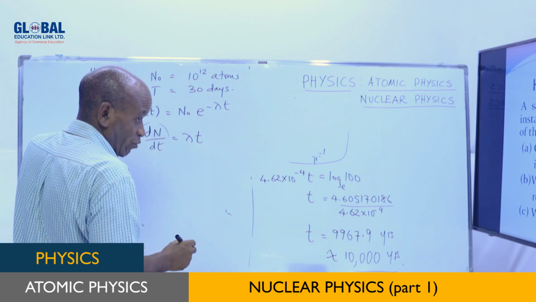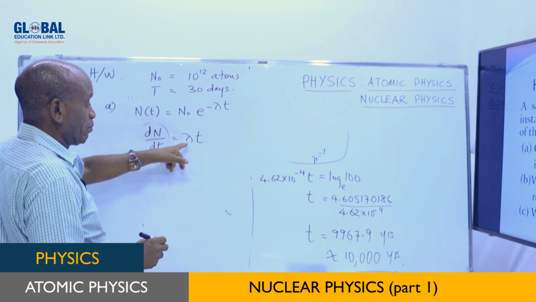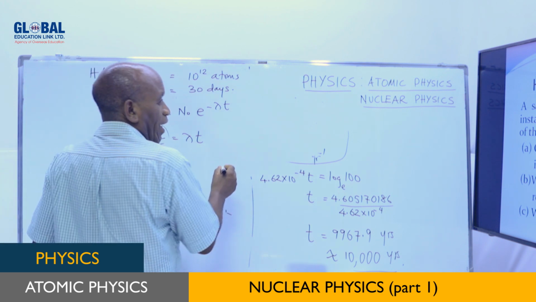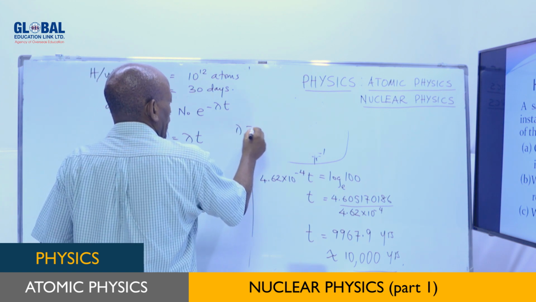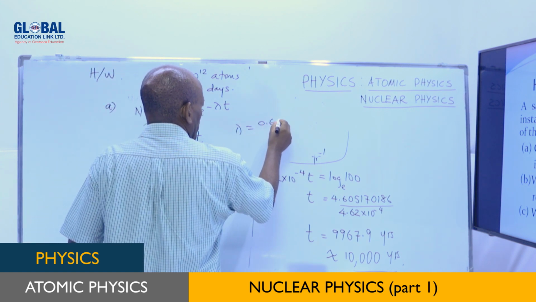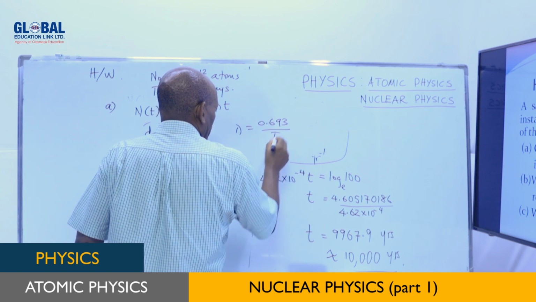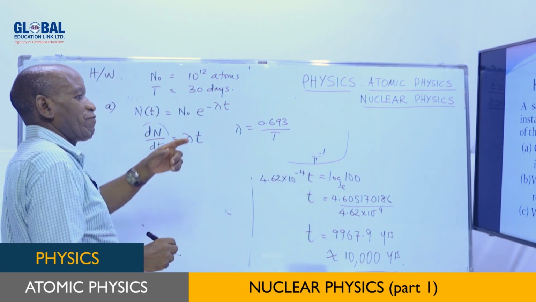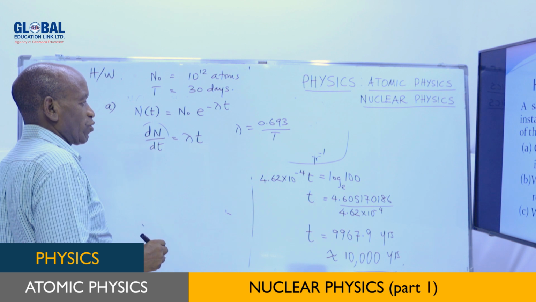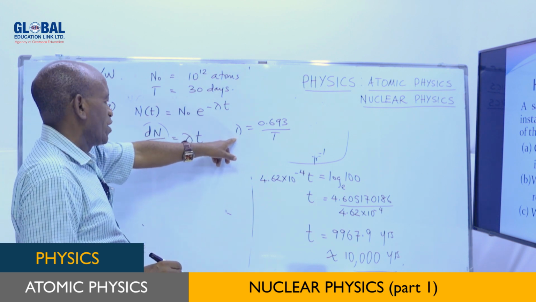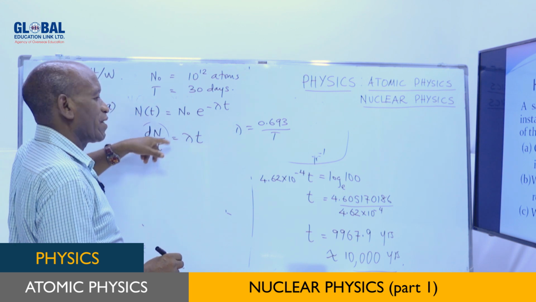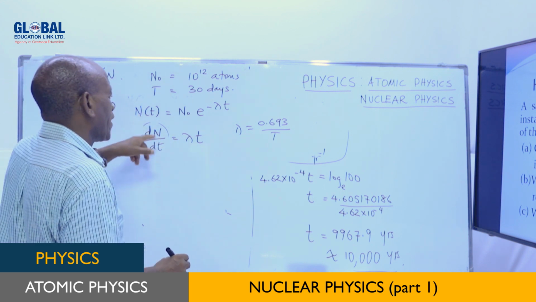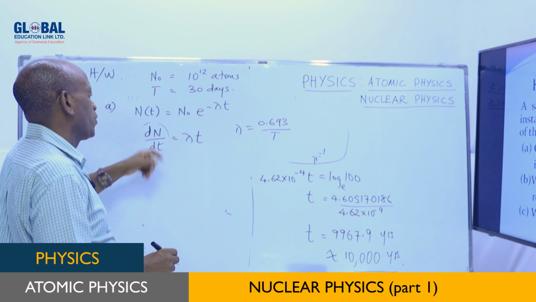What you are supposed to do is to obtain the lambda, which is equal to 0.693 over the half-life, and the half-life there is given, which is 30 days. Having obtained the lambda, you can determine the number of disintegrations in the first second.